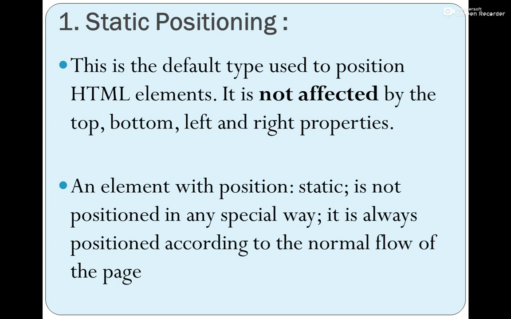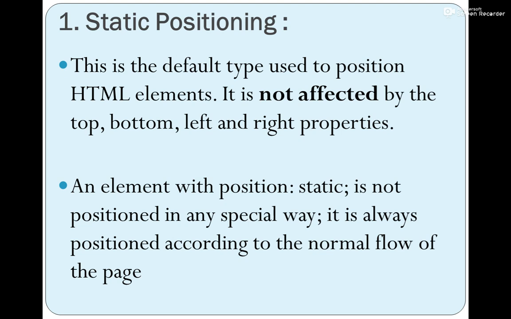If in my body section the first line is an H1 tag, then this H1 will be printed. If on the second line there is a P tag, then the P tag will be printed. If again on the third line there is an H2 tag, that H2 tag is printed. Means the elements are placed in the output, or in a web page, sequentially as they are written in the code, right?